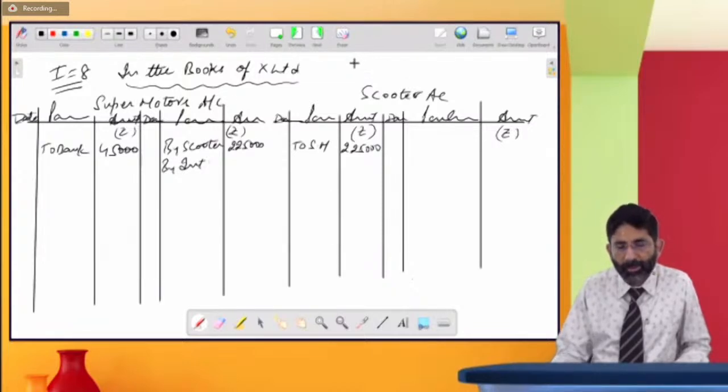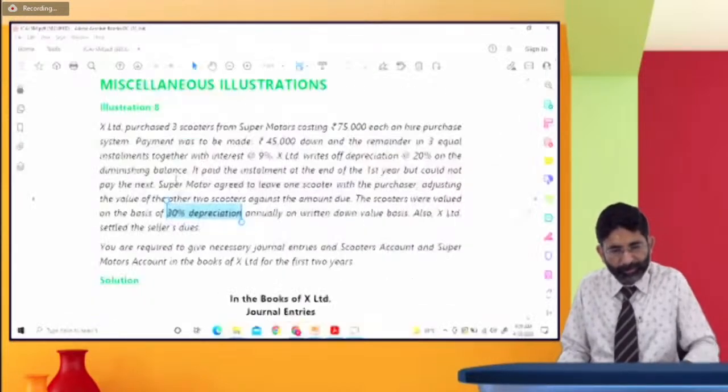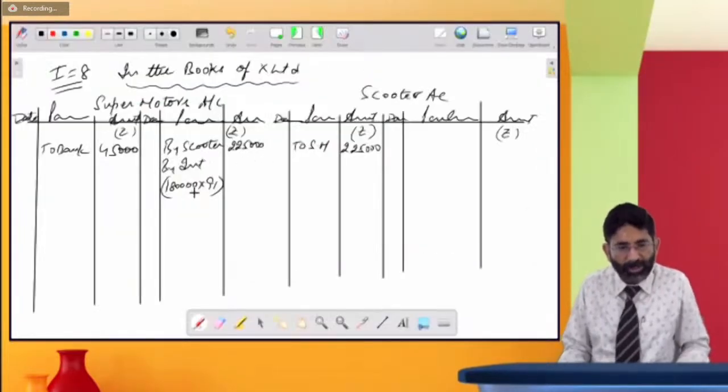Very simple. In the first year, 2,25,000 minus 45,000 is 1,80,000 into 9%, which is the rate of interest in the given question. It is 9% per annum. So it will be 1,80,000 into 9%. It will be 16,200.